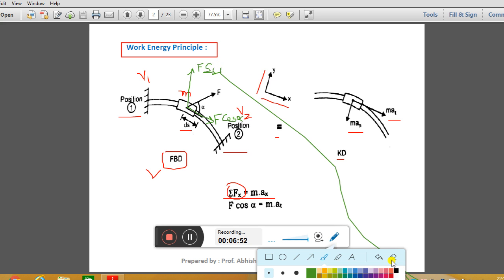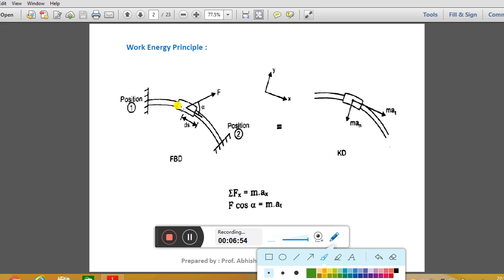Wait a minute. Yeah, again I will resolve this. I pressed some wrong option actually. So let us resolve this. This is f cos alpha, and this is f sin alpha.